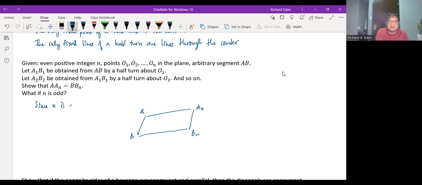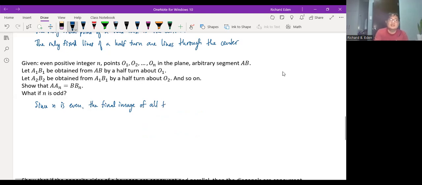Since n is even, the final image of AB after doing these n half turns is A sub n, B sub n, which must be a translation.